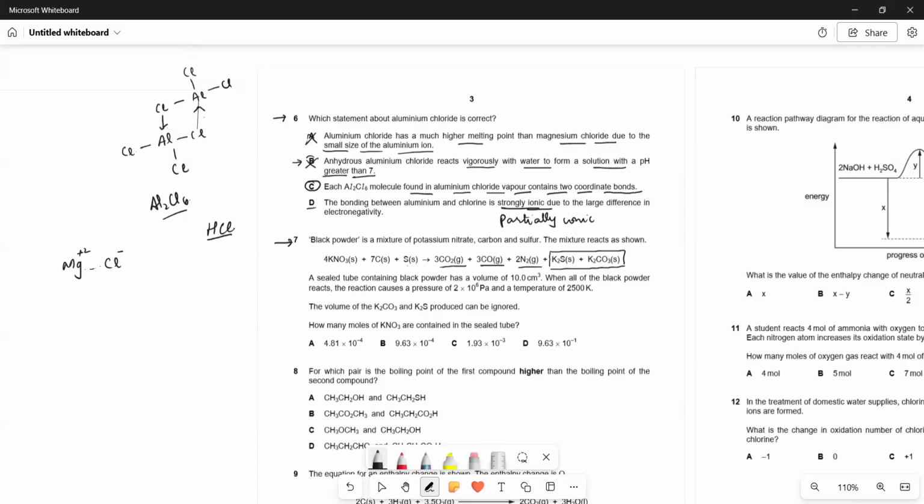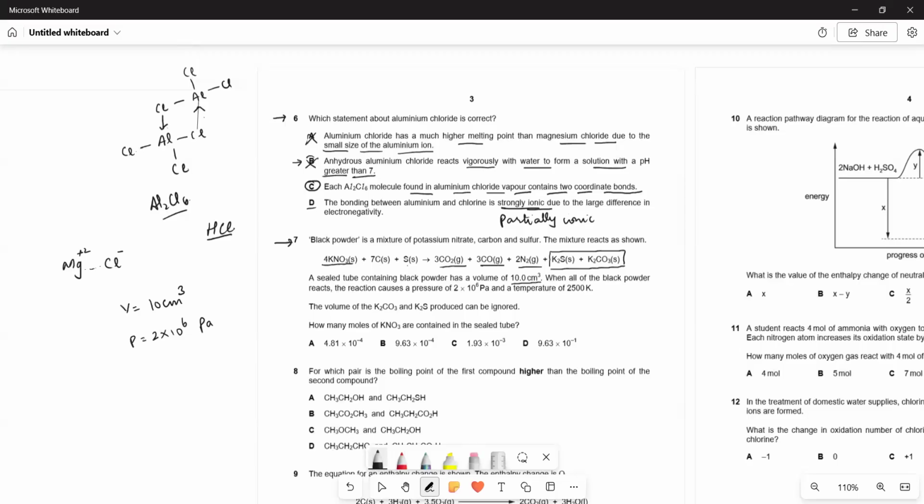Here, a sealed tube containing black powder. This is the black powder, potassium nitrate, right? Has a volume of 10 cm cube. Okay, so they have given us the volume of the container, which is 10 cm cube. When all of the black powder reacts, the reaction causes a pressure. So they have given us a pressure, which is 2 into 10 raised to power 6 pascals, right?